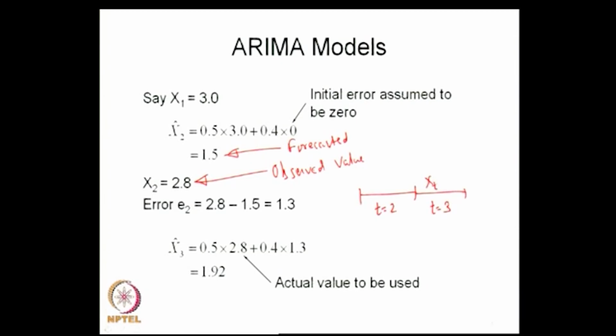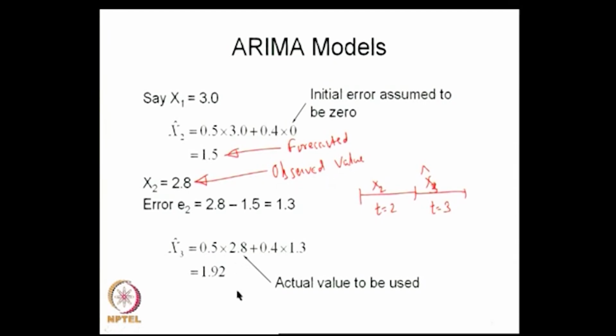Now, this is x t, that is x 3 cap, and x 2 is known. So, we obtain the error based on the forecast for the time period to use that error in generating the next forecast for x 3, that is 1.3. This is what we are using. This 2.8 is the observed value.